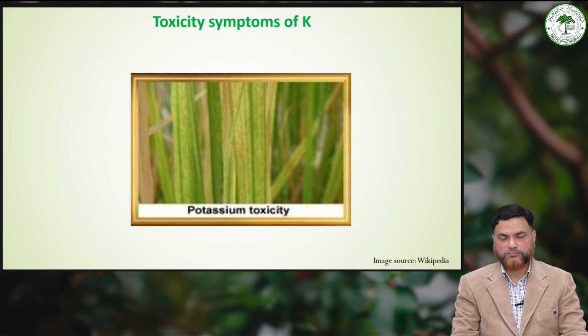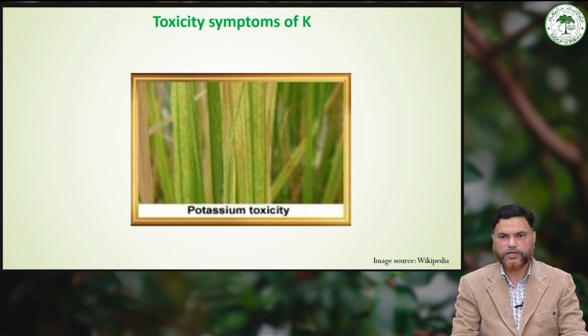Now, opposite to deficiency, an excess of potassium in plants could lead to toxicity symptoms. If soil is supplied with an excess quantity of potassium, it could generate toxicity in the plants. The toxicity symptoms include, as you see in the figure, marginal leaf scorching, leaf tip burn and marginal leaf necrosis.